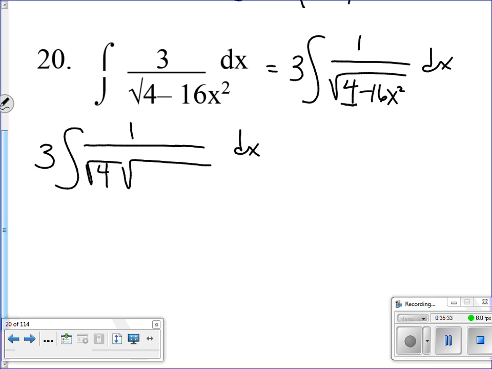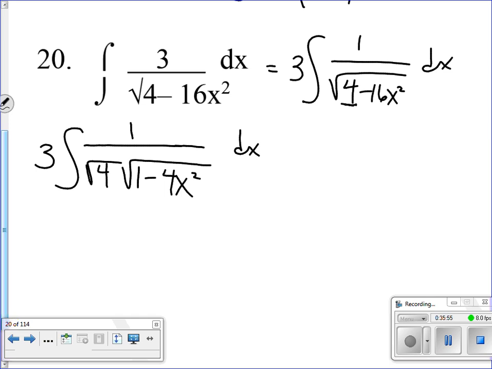And to figure out what the other factor is, if you pulled a 4 out of the radical, then you need to divide each term by 4. So you have 1 minus 16x squared over 4, which would just be 4x squared. You can always take a second and check: if you distribute the 4 back, you would be back to the original denominator. Okay, so that's right.